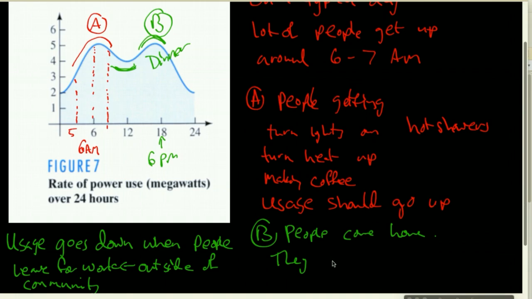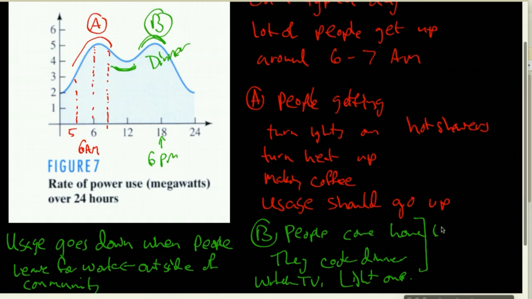They cook dinner. They're watching TV. They are putting their kids into baths. So you're dealing with kids. There are lots of lights on. There's lots of computer usage.